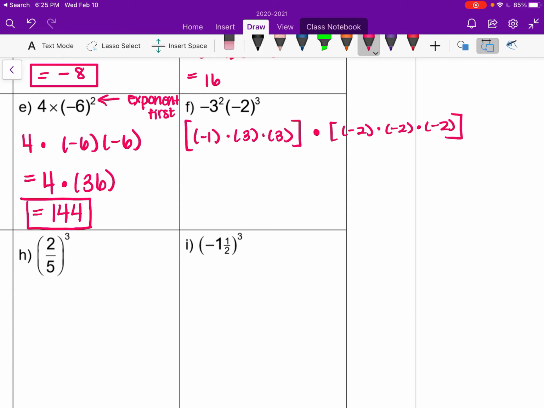So let's do what's inside this bracket first. We're going to do negative 1 times 3 is negative 3, times 3 is 9. So this will be negative 9, right? Then we have negative 2 times negative 2, which is positive 4, times negative 2, which will be negative 8, right? And now that those two brackets are done, I can just multiply those two together. Negative 8 times negative 9 is going to give me 72.